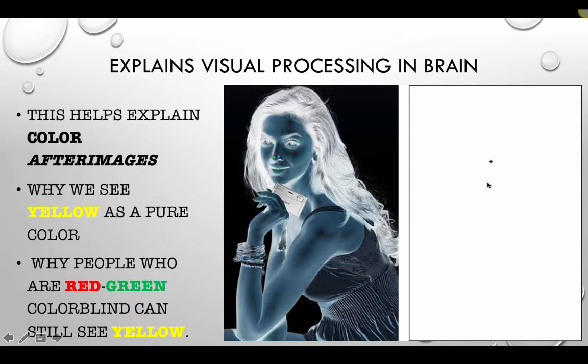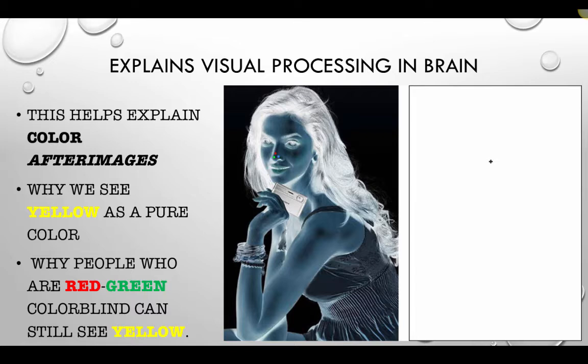But if we fatigue those red cones, red cannot fire in its place. We'll see the opponent processing cell fire in its absence, because in the opponent processors, red or green has to fire, blue or yellow has to fire, black or white has to fire.